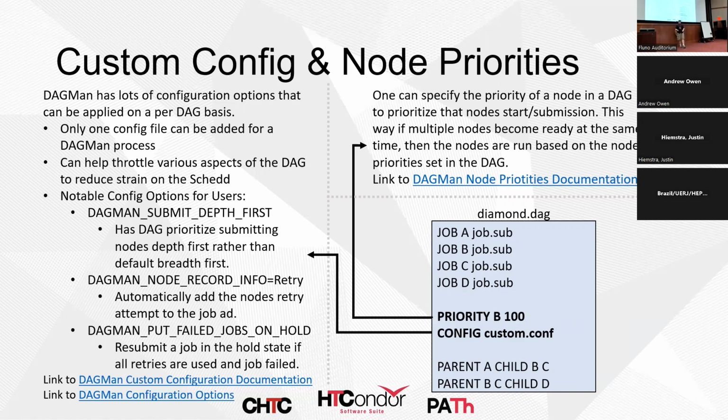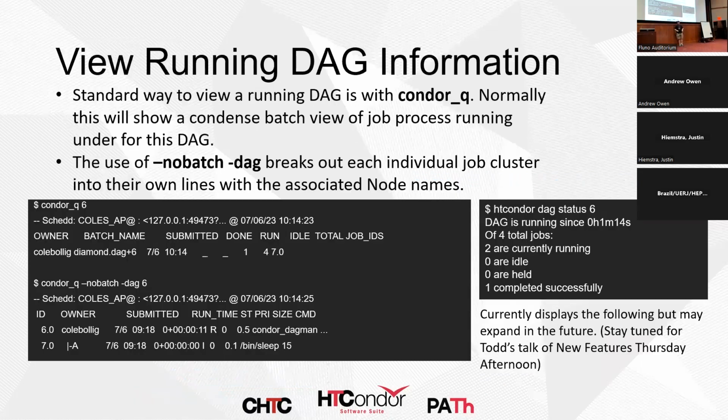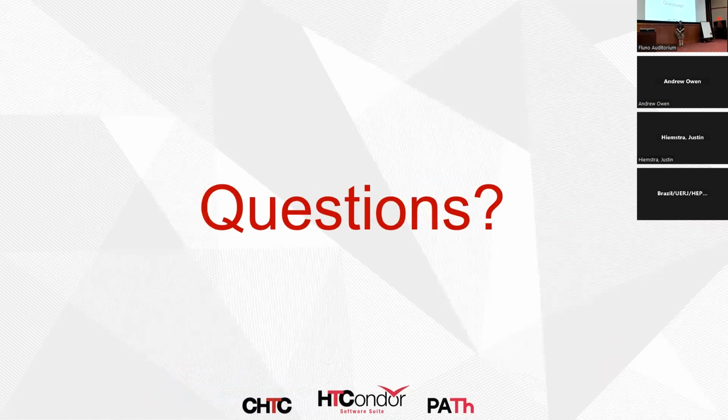There's also this neat new option, DAGMAN_NODE_RECORD_INFO, that automatically creates a ClassAd attribute for the retry number. And yeah, node priorities just means when we go to submit nodes that are ready concurrently, we submit the higher priority nodes before the others. And I'll skip the last one, sorry.